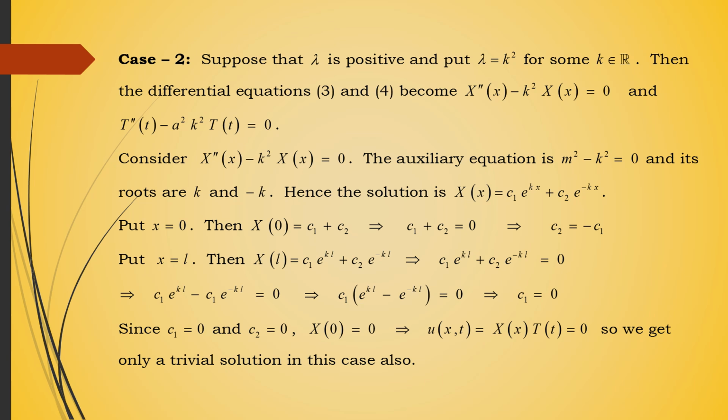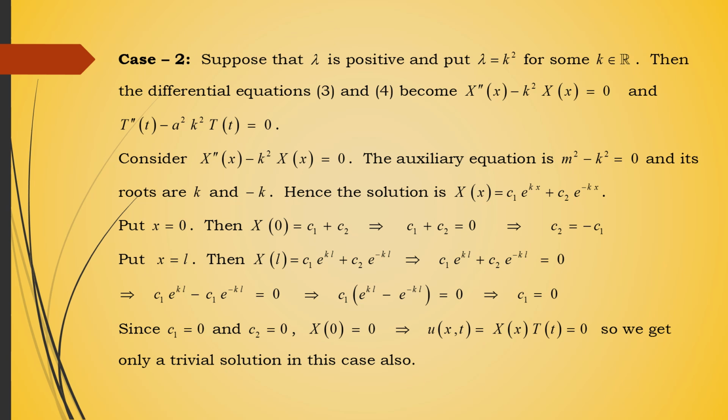But we have found that X of 0 equals 0. So by substituting X of 0 equals 0, we get c1 plus c2 equals 0. From that, we can get c2 equals minus c1.